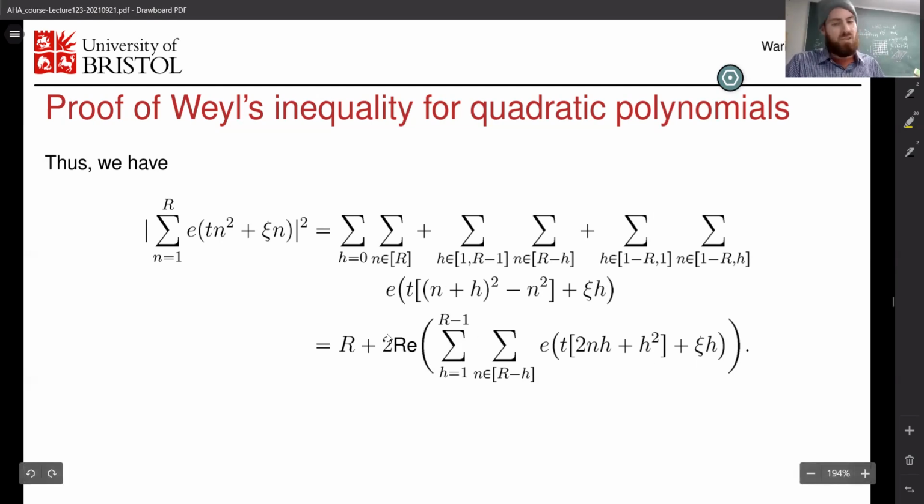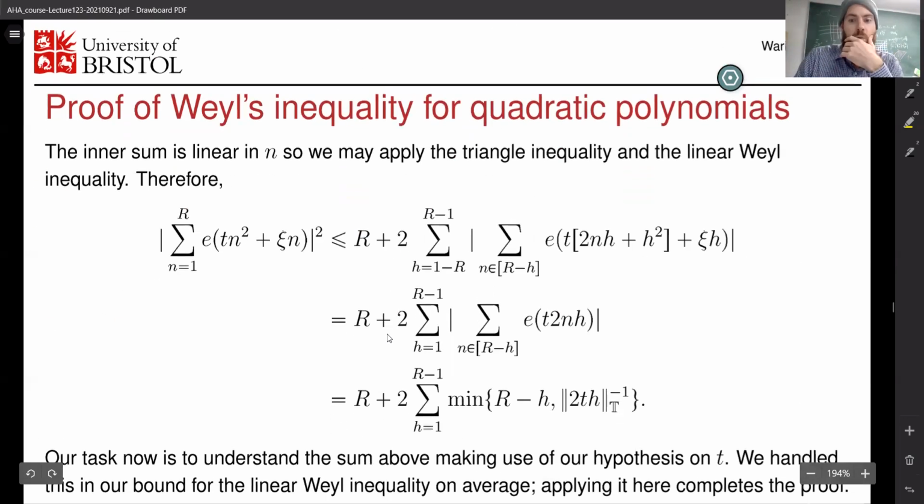We'll ignore the real part and just take an absolute value on that sum, and then we'll move it in past the h. When we do that, we end up being able to ignore this h squared here. So that's a t times h squared. That comes out as just a phase, it just gets 1 in the absolute value, and this c times h also gets normalized to a 1. And all we're left with is this sum.